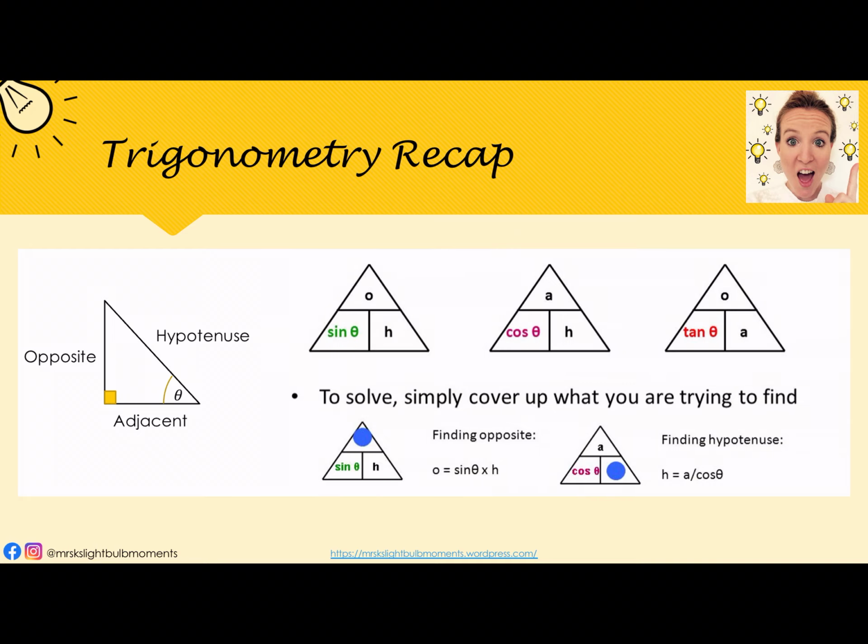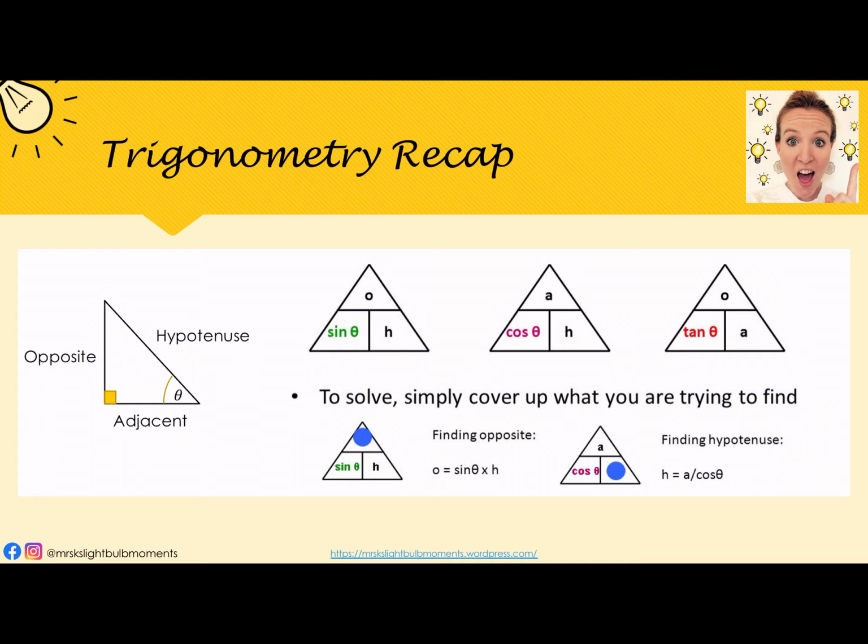Then you might do this so many different ways, the Sohcahtoa, but you've got to remember Sohcahtoa, whether you remember in triangles like this or just as a word. If you haven't spotted the triangles before, this is a super easy way to work it out, and you don't have to worry too much about your algebraic manipulation. It's just like using a speed, distance, time triangle, or a pressure or density triangle, which I'm sure you've used before.